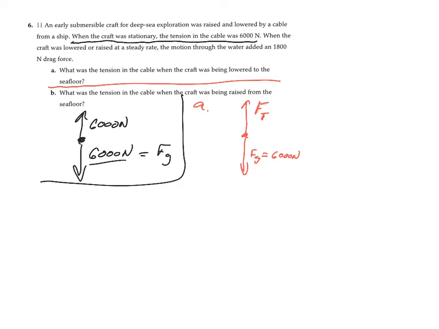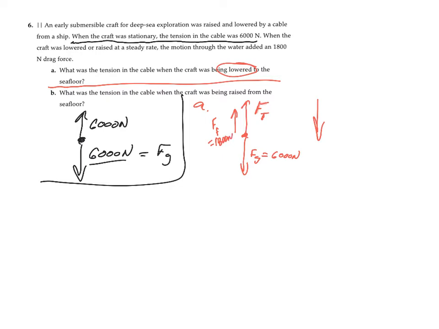If it's going down, it's being lowered, drag has to go up. So I have a second force here of force drag, which I'm going to call friction. And we're going to give it a number of 1,800.